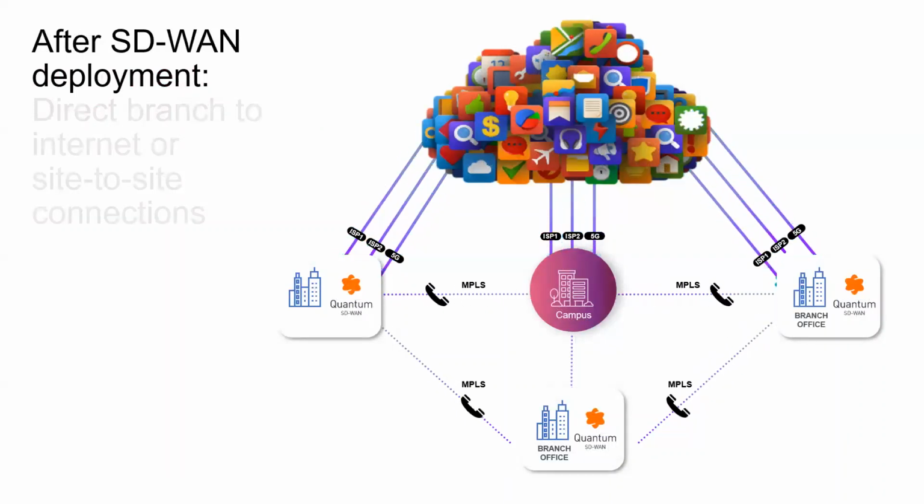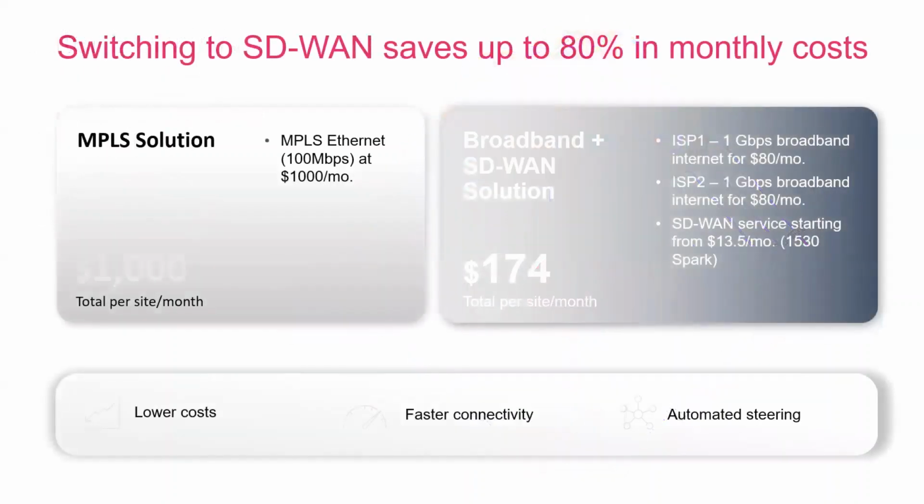We still have our MPLS lines for things that should go over that, like phone traffic, for example, in this illustration. But that's the idea: that we're going to improve and optimize our internet flows, our network flows.